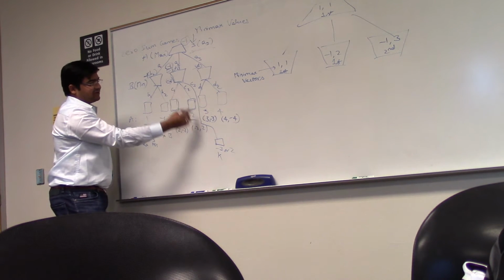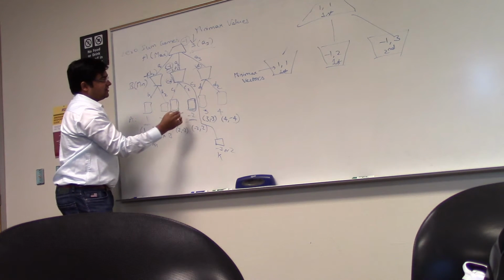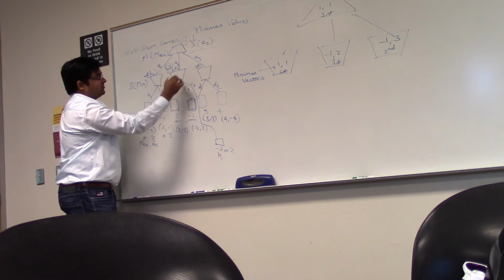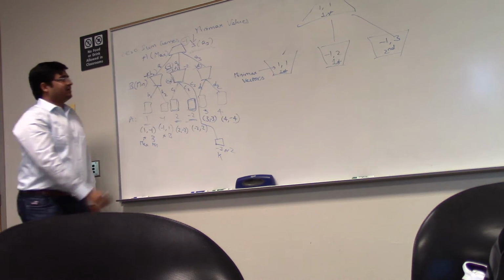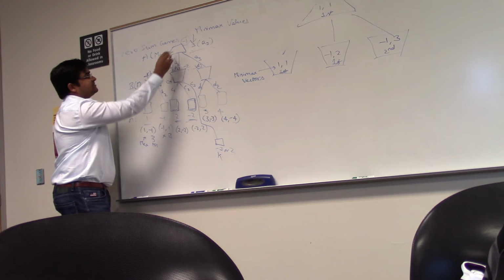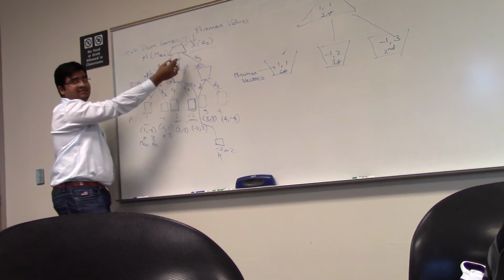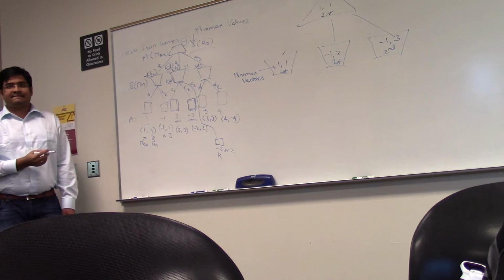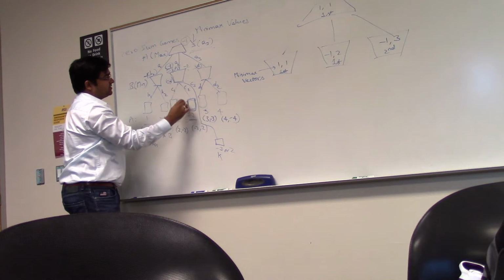I don't need to care about any of them, because after seeing this node I figure out that the best I can do with this node is -2. And it is already worse than whatever the best I know for this guy, which is my ultimate objective. What is the best for A? So I can stop the search after seeing -2.